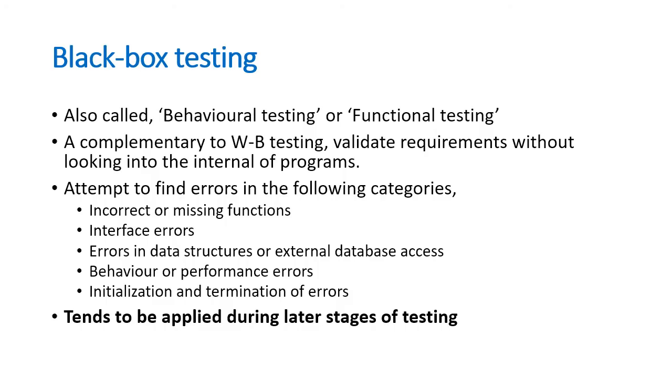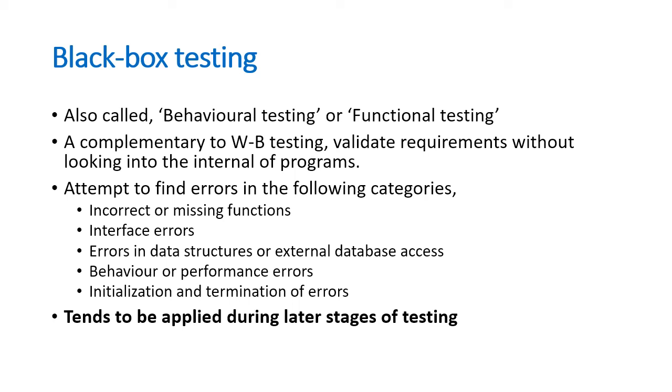If white box testing focuses on the control structure behavior, the complementary strategy is called black box testing. This is also called behavioral testing and functional testing, and it tries to validate the requirements without looking into the internals of programs.